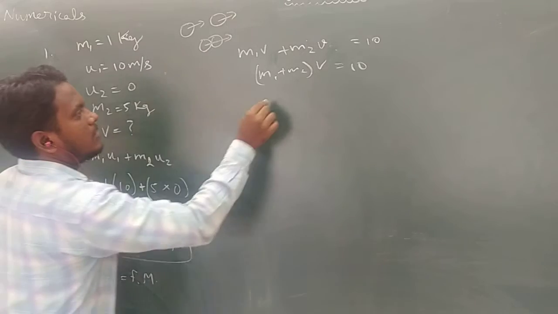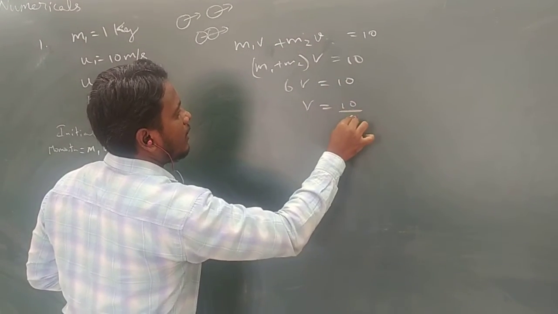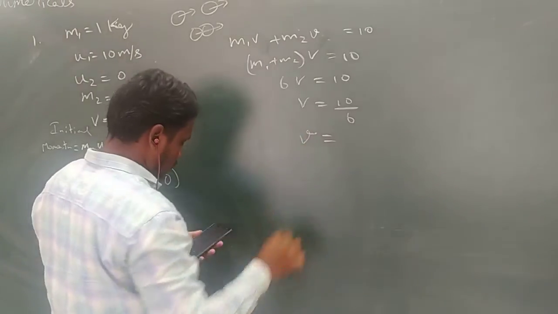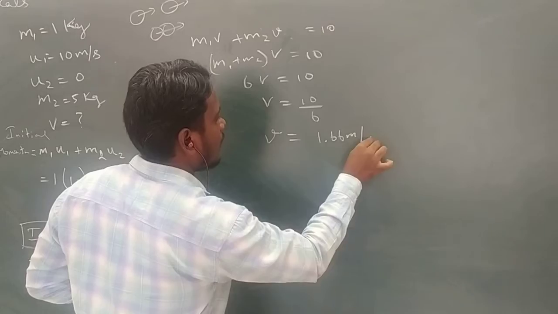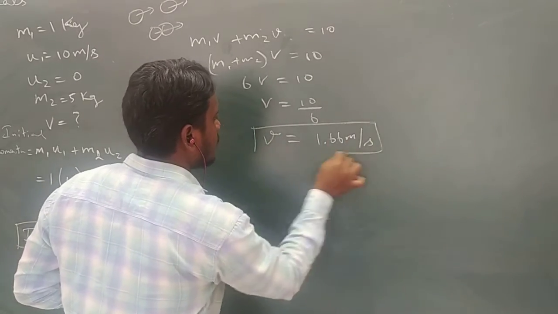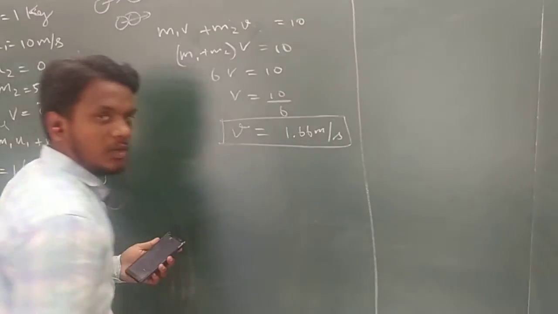So 5 plus 1, 6v. 6v equal to 10, v equal to 10 by 6, which will be equal to 1.66 meters per second. So this is the velocity of the combined object after collision.